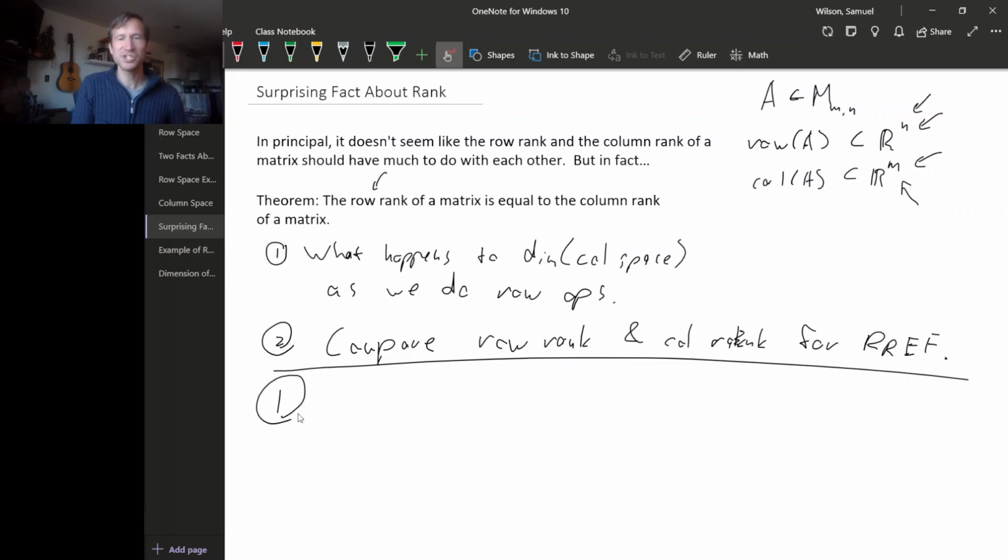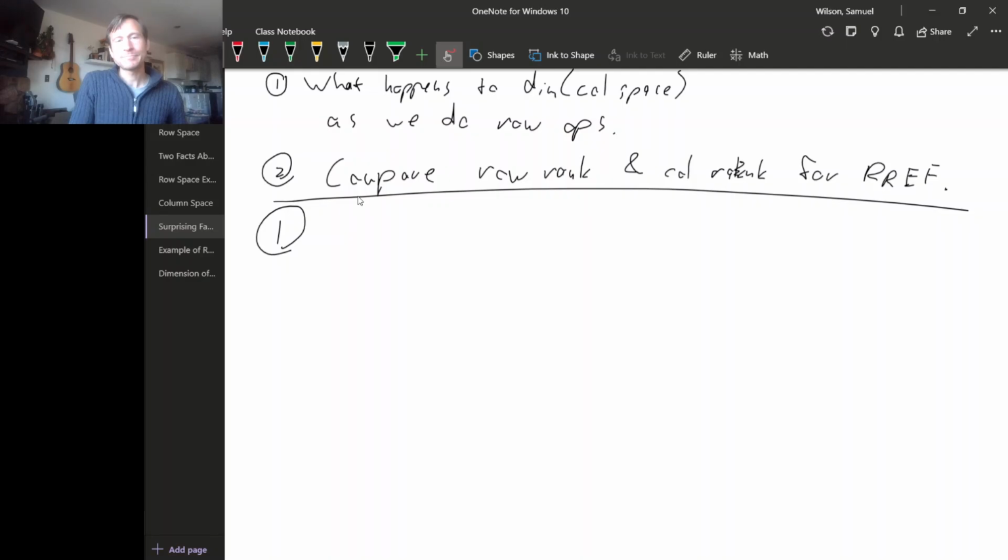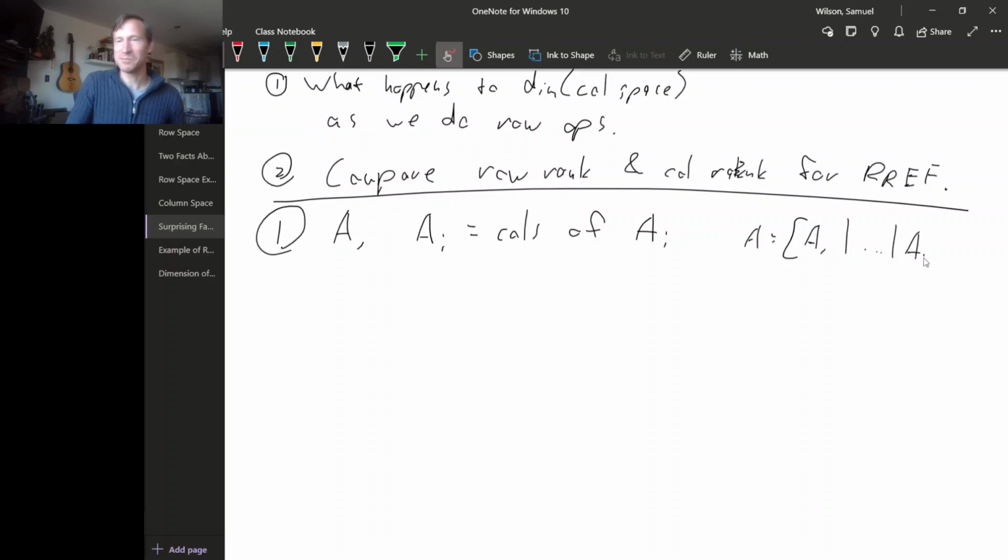What happens to the dimension of the column space as we do row operations? Well, remember that if we take a matrix A, let's call its columns A sub i. So these are the columns of A, not the rows of A, right? So A is A sub 1 as a column down to A sub n. Now, in general, these columns are going to be linearly dependent. They might not be in any example, but in general, these might be linearly dependent.